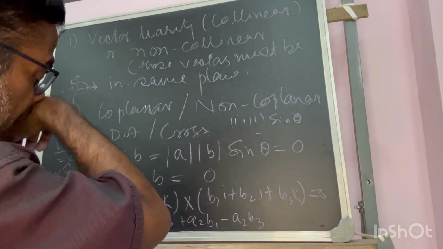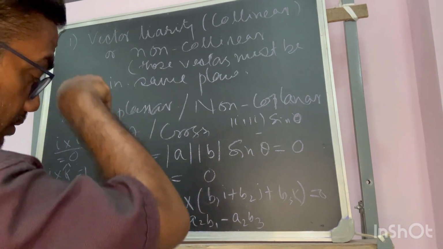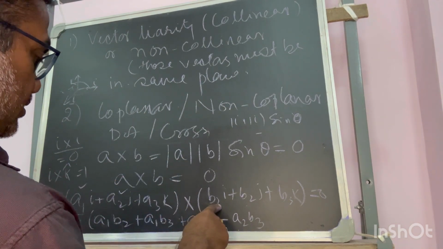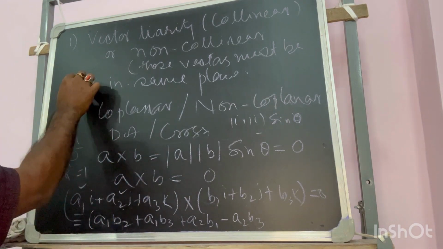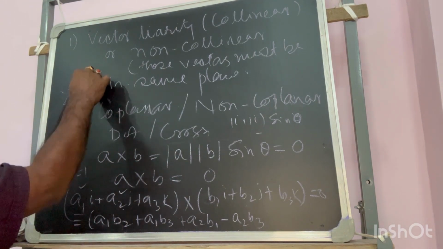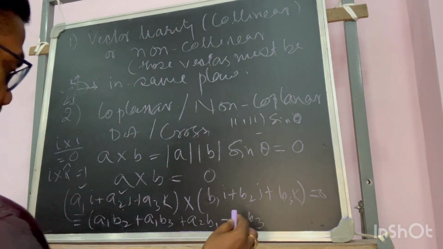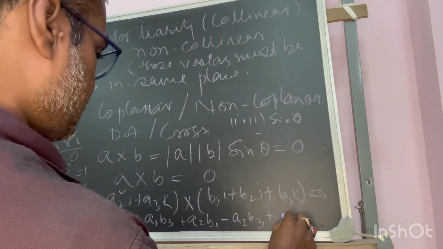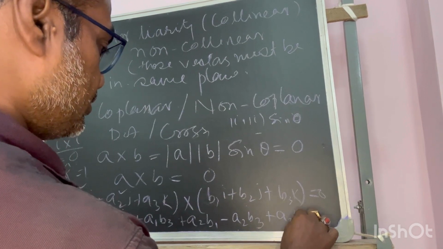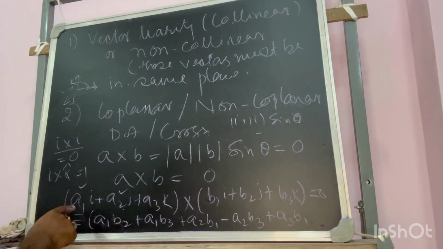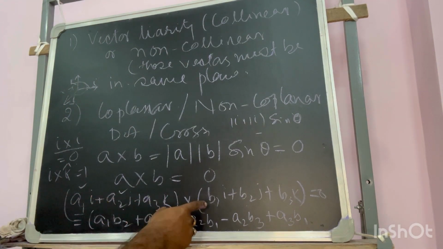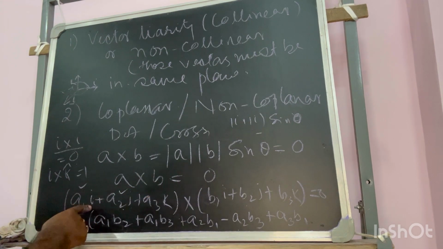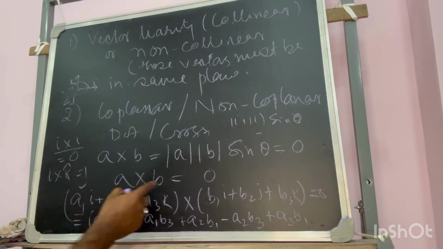For the dot product, it won't be a problem. Then the last one, a3 k and i. From k to i, if I move this way, the screw will be positive, and then a3 b1.